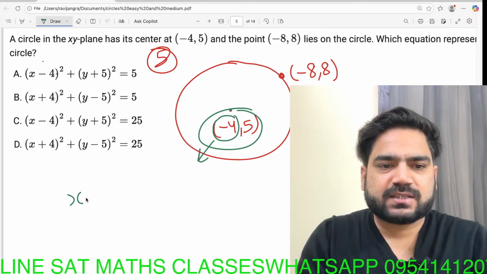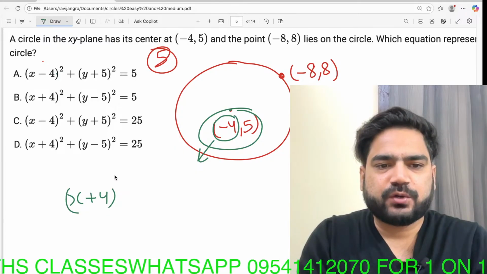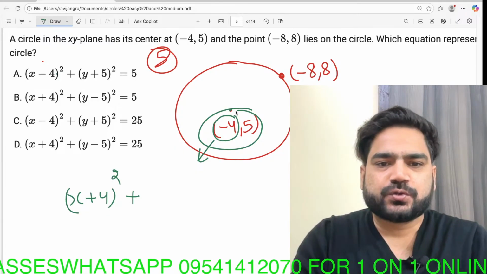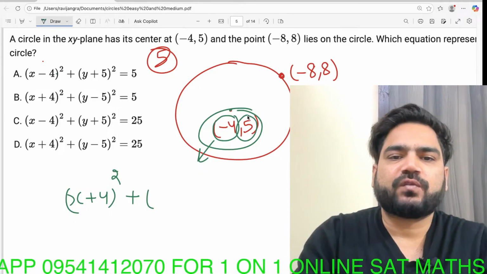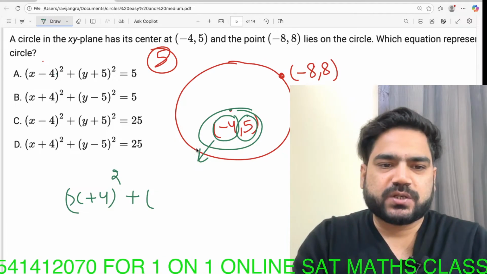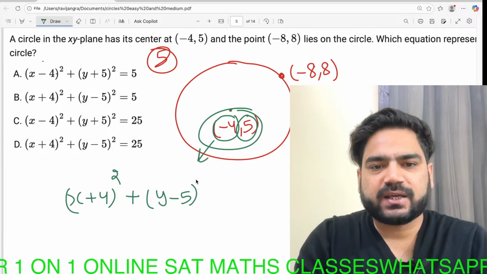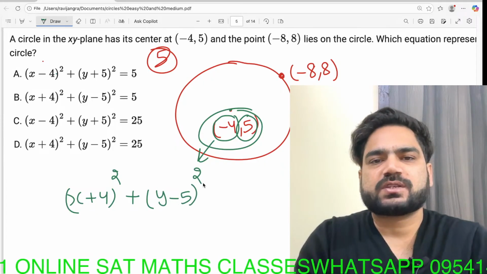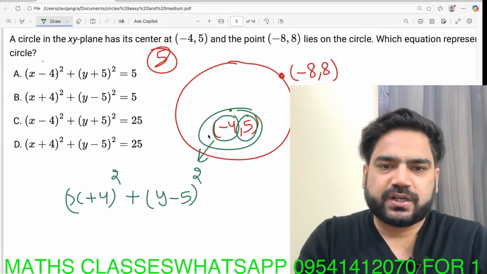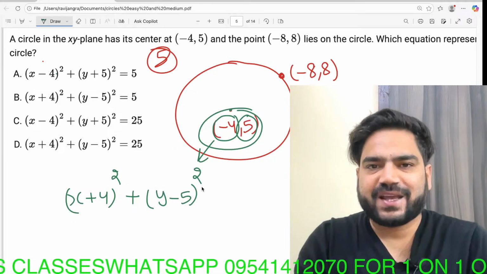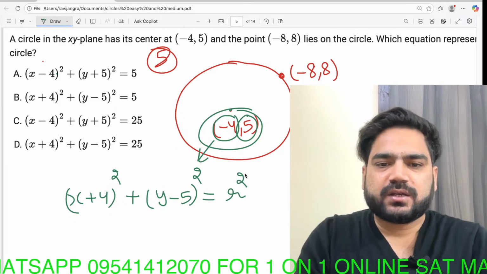You write x minus minus 4, which becomes x plus 4, and square it, plus y minus 5, and square again. This is the general form of a circle: (x minus the x coordinate) squared plus (y minus the y coordinate) squared is equal to radius squared.